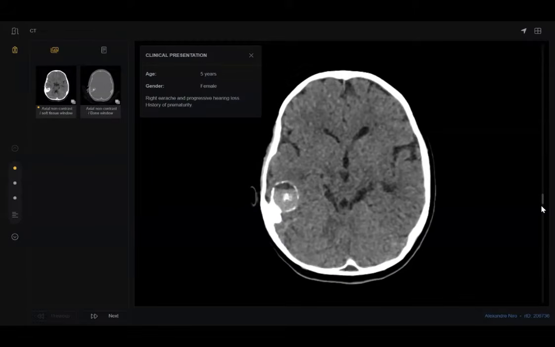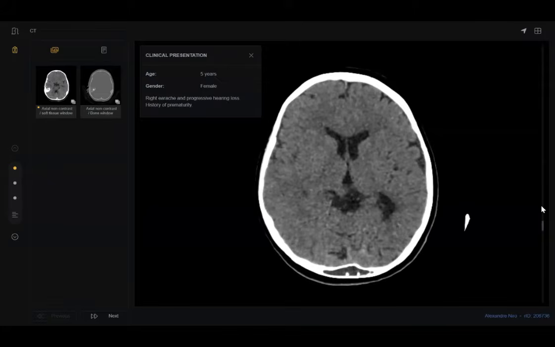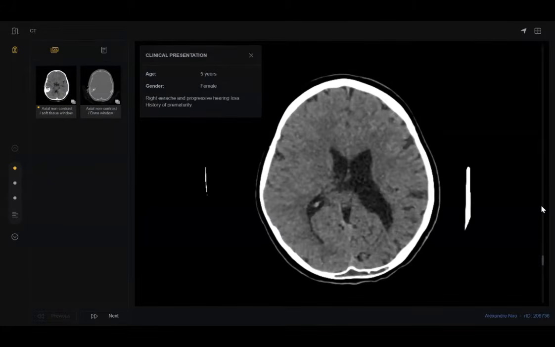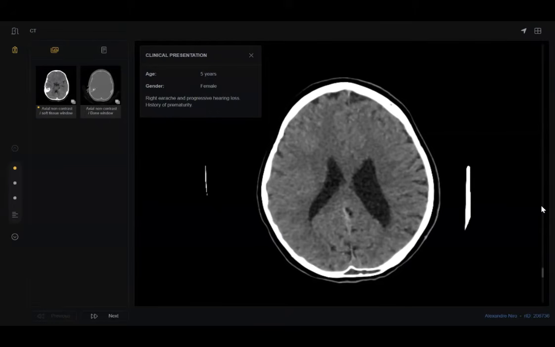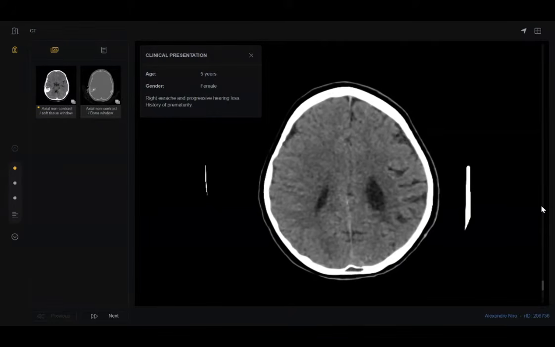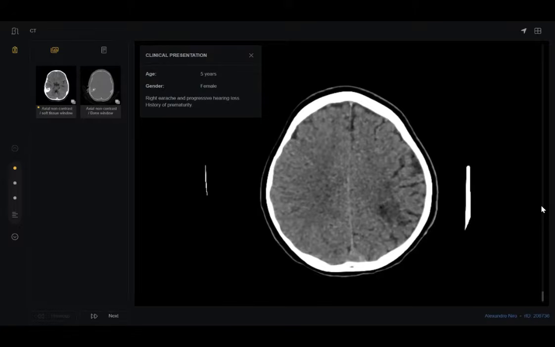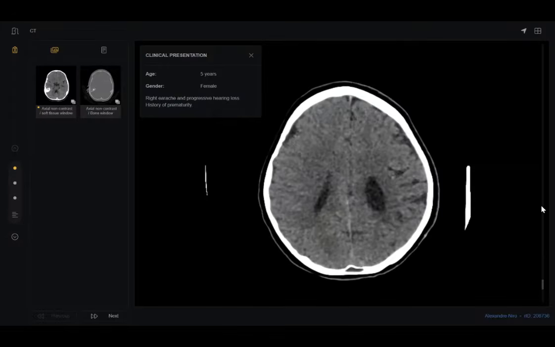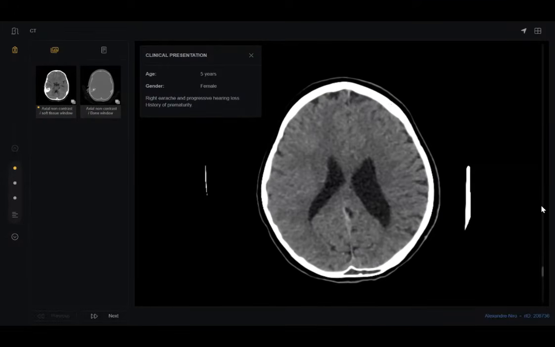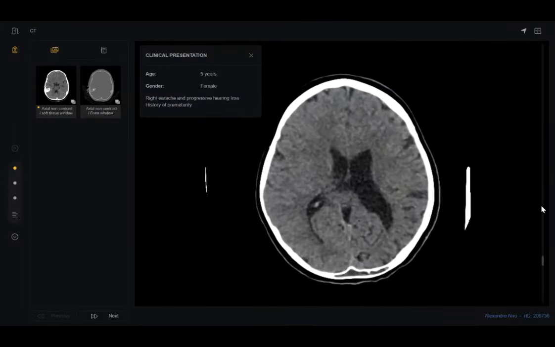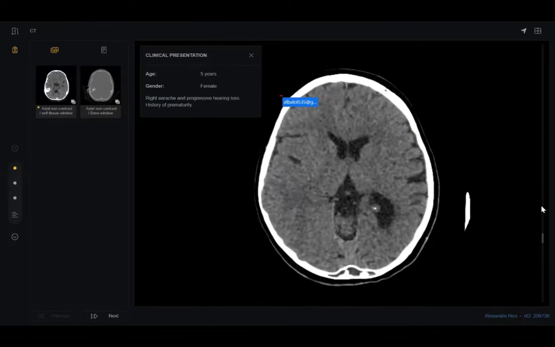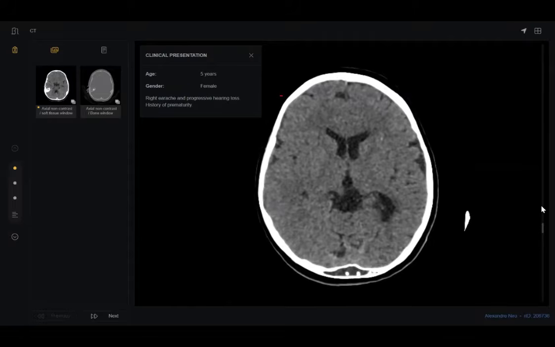I am provided with the CT scan non-contrast images of a 5-year-old who presented with right earache and progressive hearing loss, with a history of prematurity. I would like to scroll from the start. The first obvious abnormality I could appreciate was on the right.